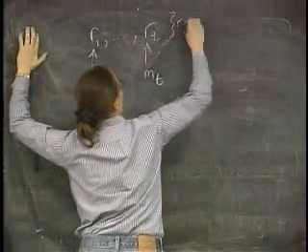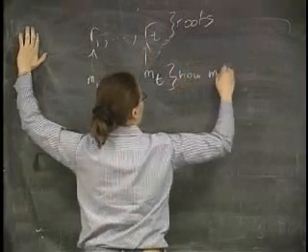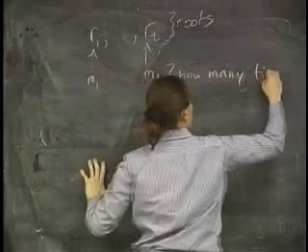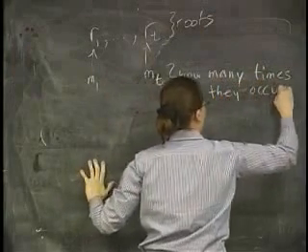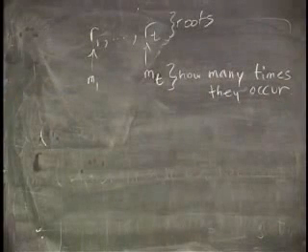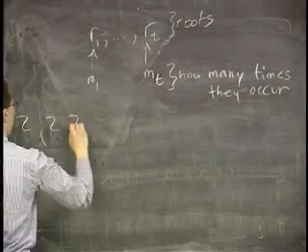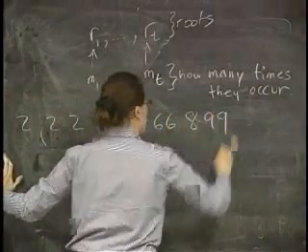So these are roots, and how many times they occur. You could have 5 roots with m1. Okay. So we could have 2, 2, 2, 3, 4, 6, 6, 8, 9, 9.